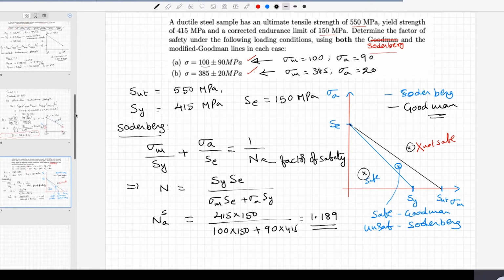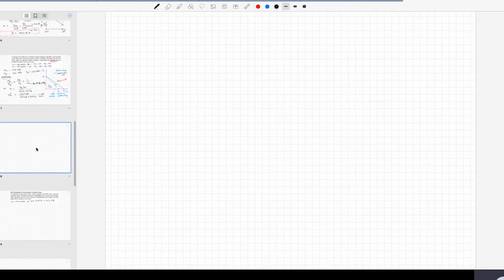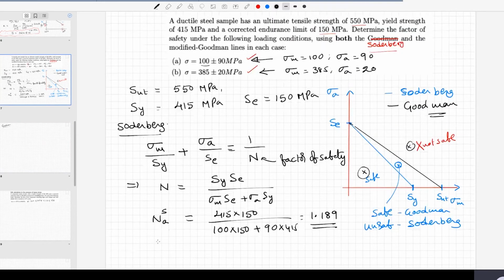Okay, so now let us also calculate the factor of safety according to Soderberg at point B. The numerator will not change because that is material property. And now sigma m is 385 into 150 plus sigma a is 220 into 415.